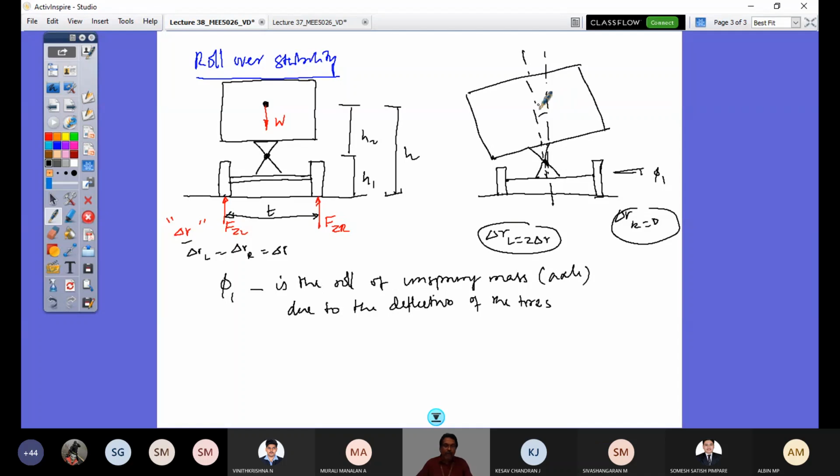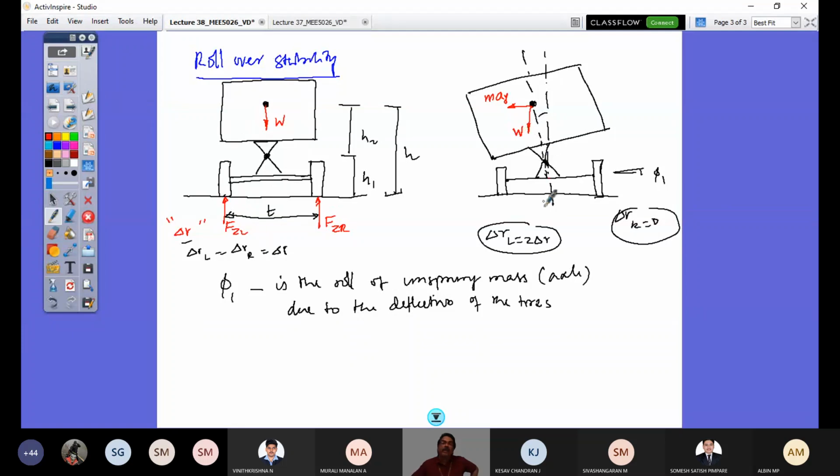At that point, I would have my forces like this. This is the centrifugal force, M a y, where M is the total mass of the vehicle, and this is W, the vertical weight of the vehicle. And now you see the roll of this further from this.